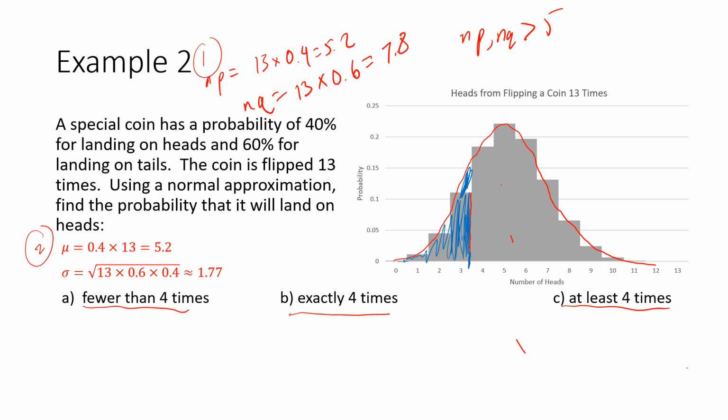Fewer than 4 times means an x value of 3.5 or less. So we're going to get the z-score for 3.5, which is negative 0.96, and get the probability of a z-score less than negative 0.96 from the z-score table, which is 0.1684. So there's about a 16.84% chance that you're going to land on heads fewer than 4 times with this special die, sorry, special coin.